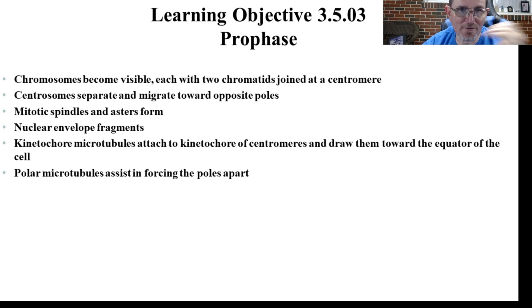Asters, I'll show you that on a picture, it's just more microtubules. Kinetochore microtubules are attached to the kinetochore centromeres and draw them to the equator, the middle. Polar microtubules assist in forcing the poles apart.